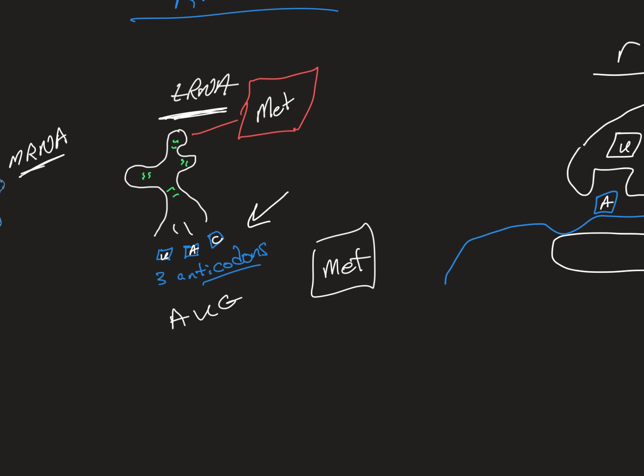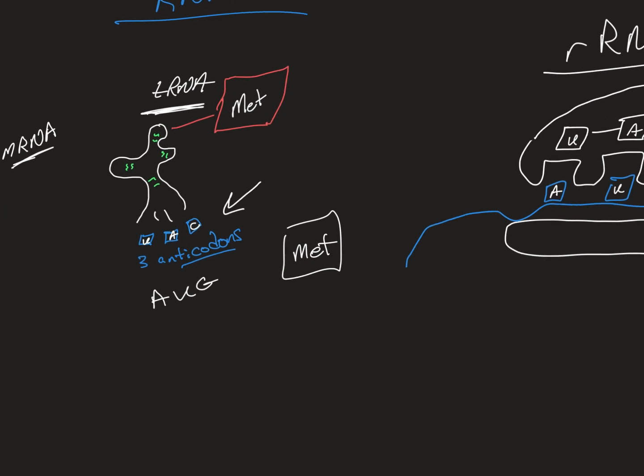Is AUC the amino acid you said, or the methionine? AUC is RNA. It matches the AUG that's on the mRNA. The mRNA is here in blue, and the tRNA is in white. Do you see it? They're both RNA.